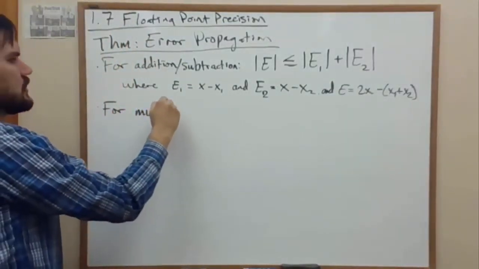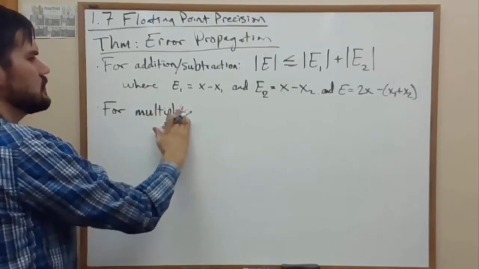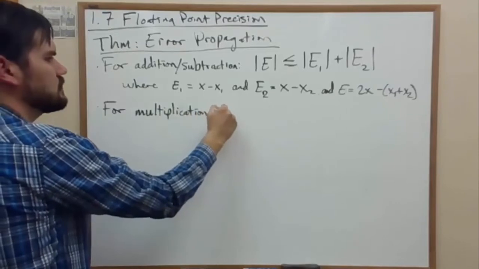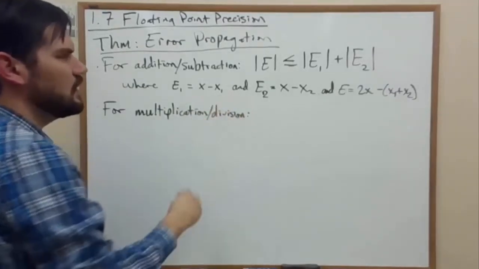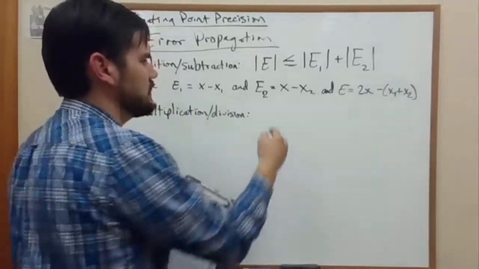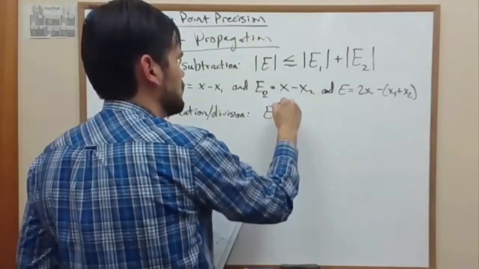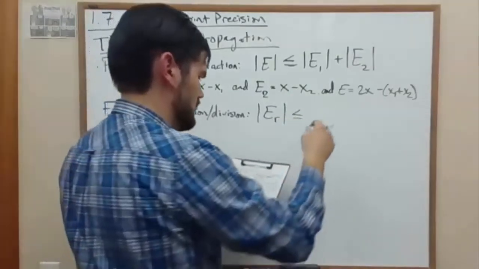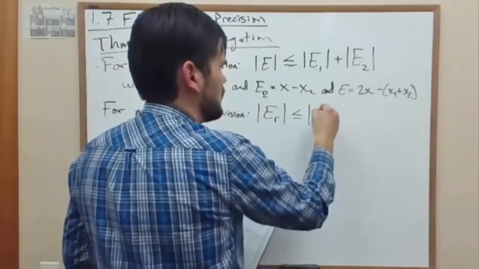For multiplication or division, our bound is not on the error itself, but on the relative error. And it's very similar.